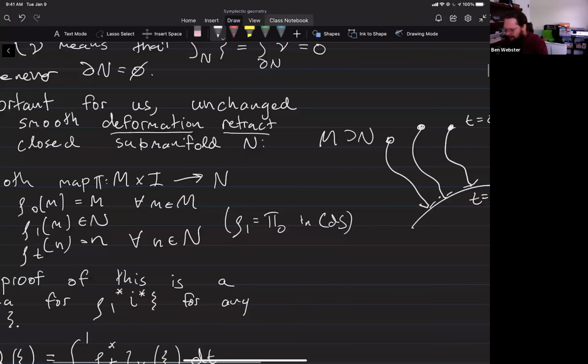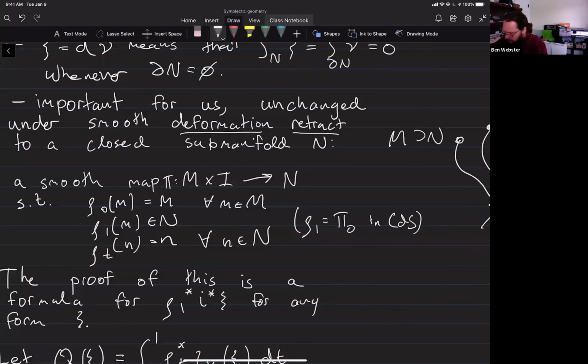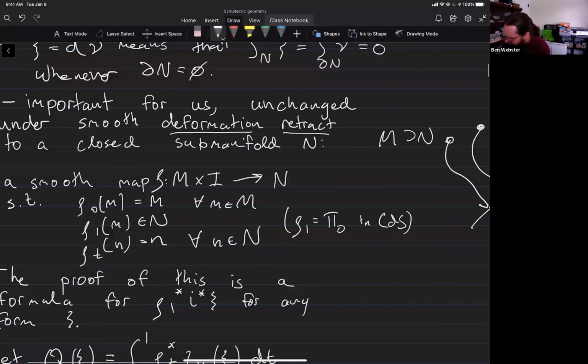So the way I can express that is, oh shoot, I had meant to match Candace de Silva's notation and kept getting confused about what she was calling things, but I believe she calls this rho. It's a map from M cross I to M. I think of the I as a time coordinate, and at time 0 it's the identity.